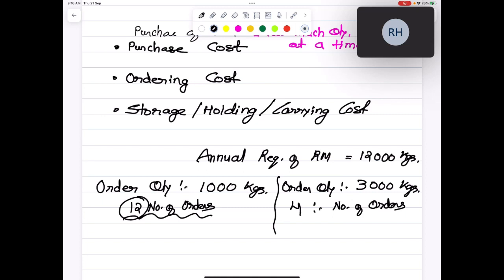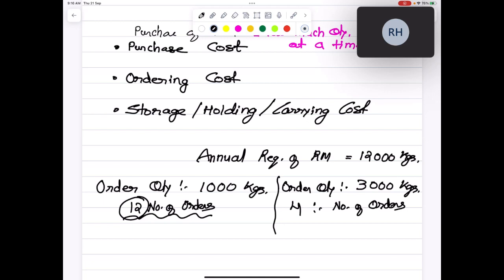Higher the quantity in a single purchase order, the lower will be my number of orders. क्या बोलते हो बेटा? जितनी ज्यादा क्वांटिटी मैं एक बार में परचेस करूंगा, उतने मेरे नंबर ऑफ ऑर्डर कम हो जाएंगे. The higher the quantity I place in a single order, lower will be my number of orders. परफेक्ट है.